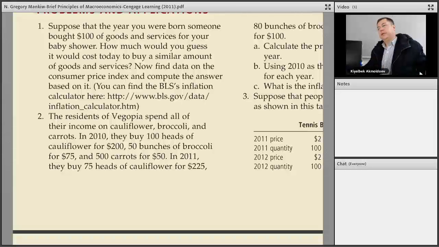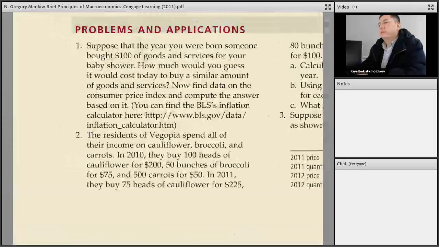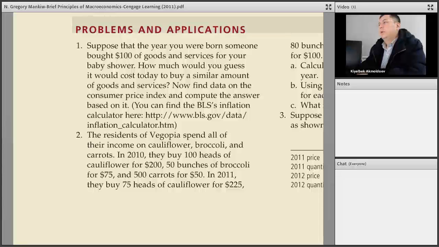Can we write in here? No, we can't. Sorry.